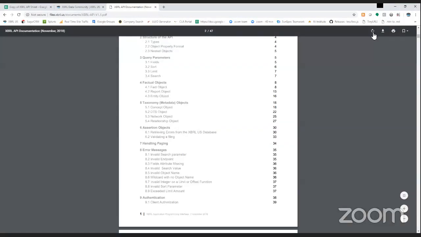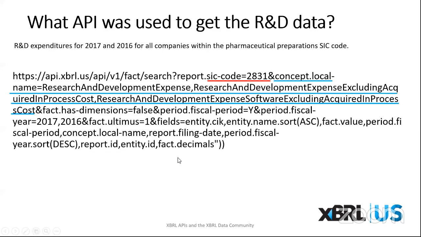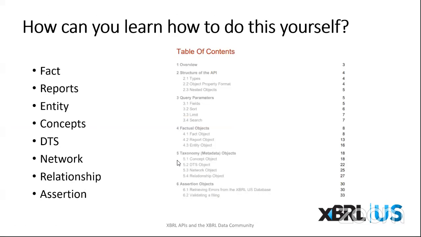So I guess the last thing to talk about is the documentation. Michelle, you can take the screen back. Okay, I will do that. Hang on, bear with me a second here. So the documentation is a critical piece to understanding how the API is laid out and how it meshes with XBRL.